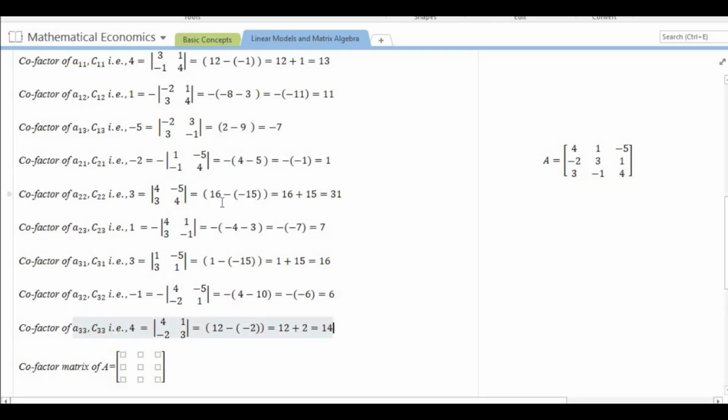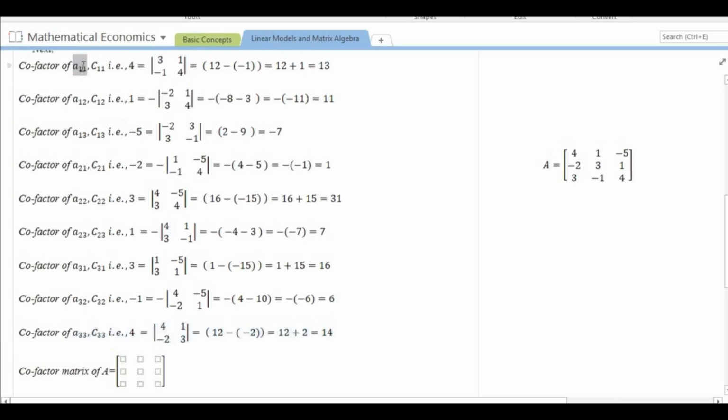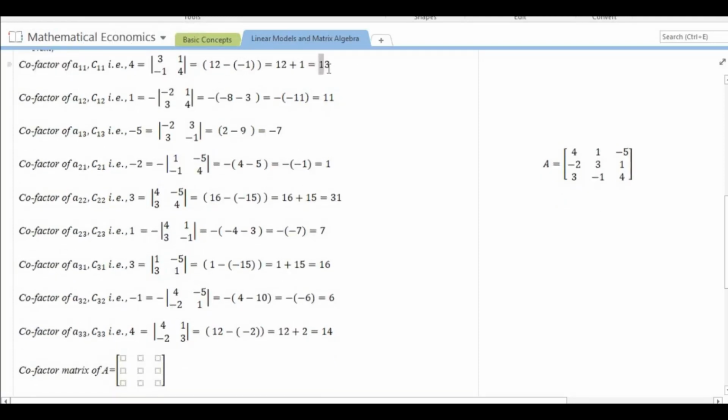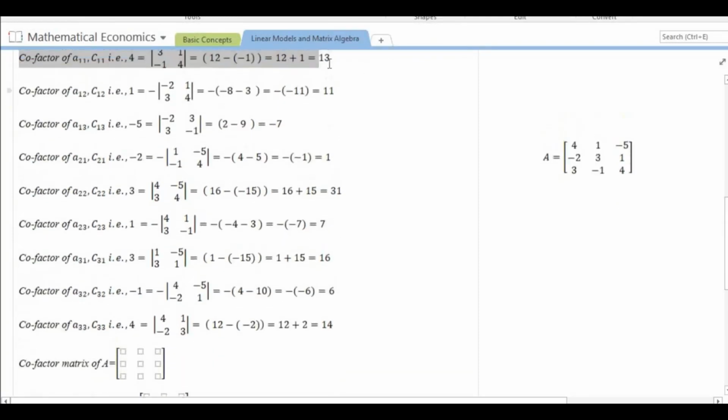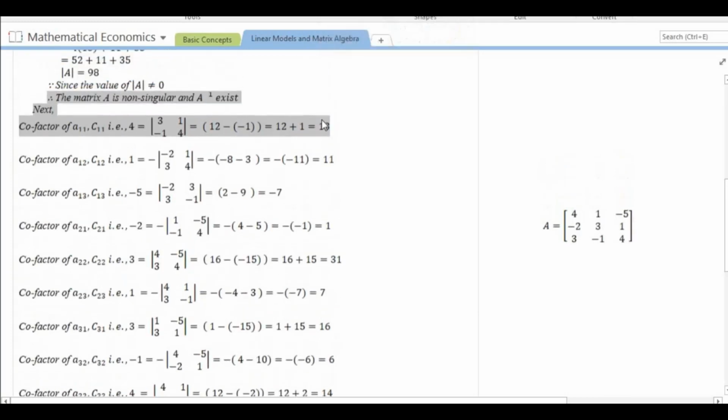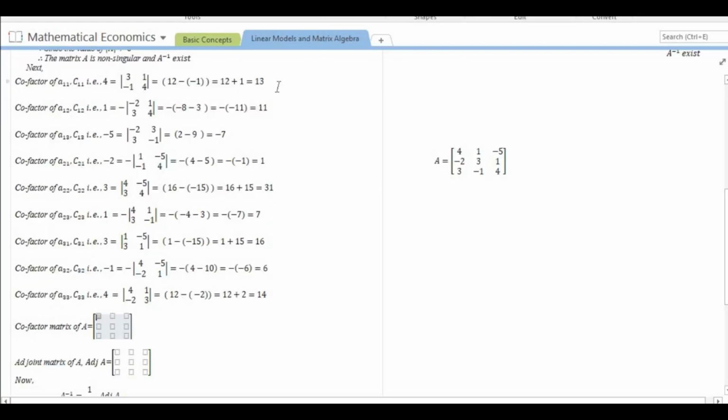So let us list all the cofactors of each element in the cofactor matrix, starting from A11. Cofactor of A11 is 13.